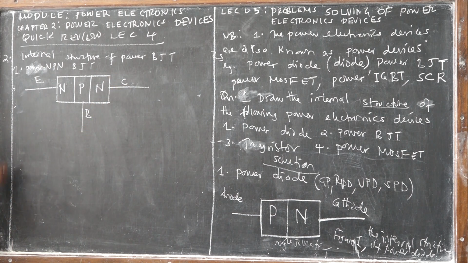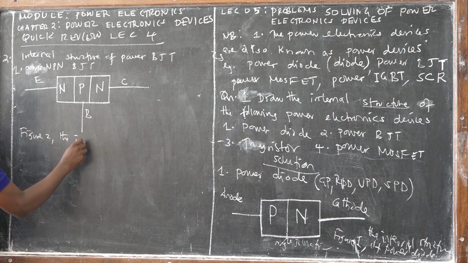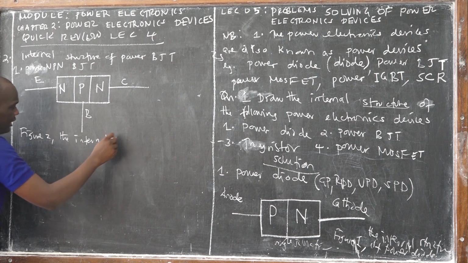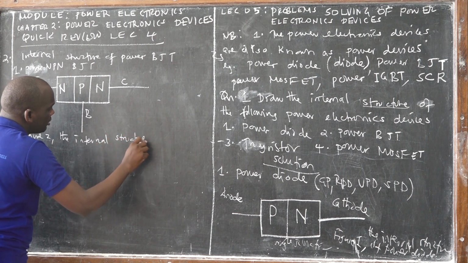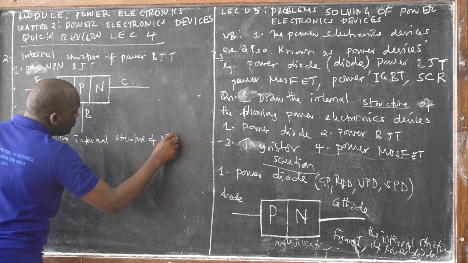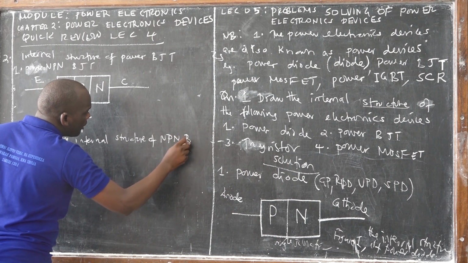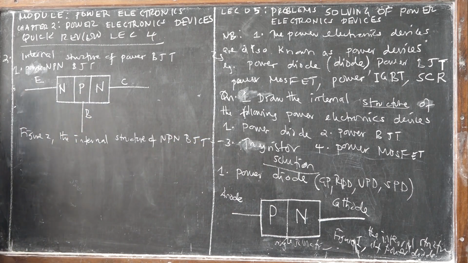So this will be our Figure 2, the internal structure of NPN bipolar junction transistor. This is Roman 1.